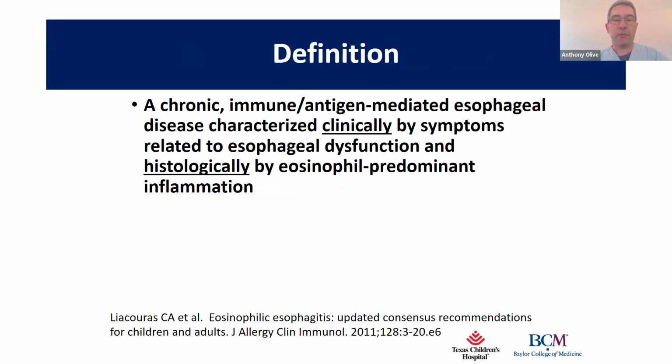So it's the immune system responding to certain food or aeroallergens that ultimately leads to the inflammation and to the clinical symptoms of esophageal dysfunction and histologically an eosinophil predominant inflammation.